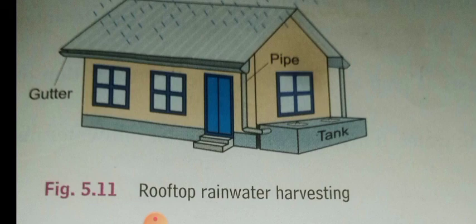We can use either rooftop rainwater harvesting, or we can dig pits in our houses to store the rainwater. You can also build ponds and lakes so that the rainwater may be stored.